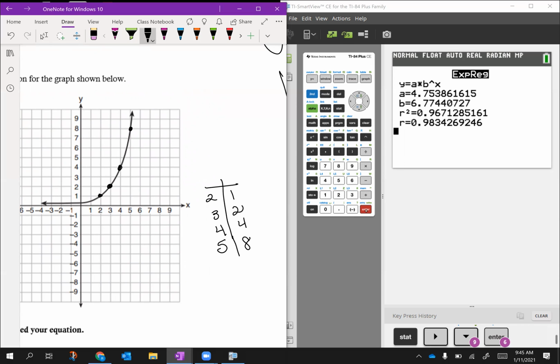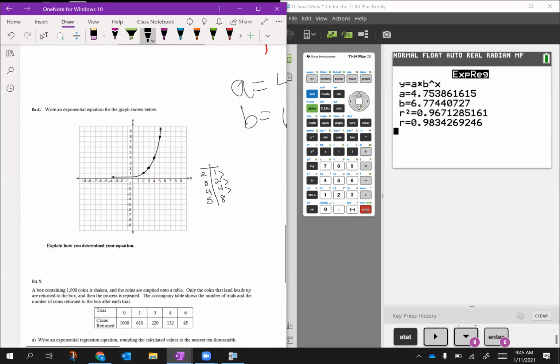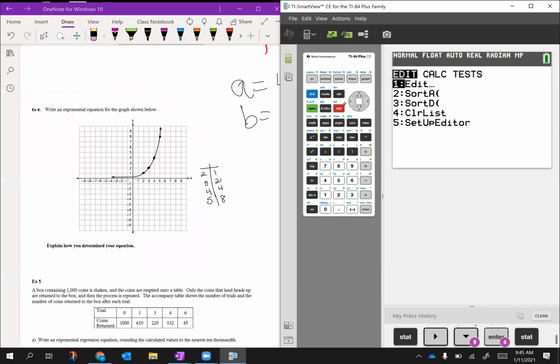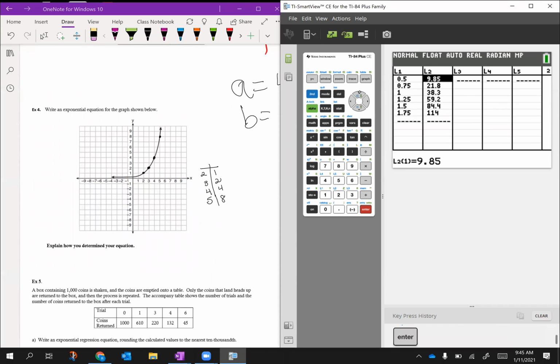In our next lesson, I'll show you how to use the pattern to figure out the equation. But because we have the regression key, we can type these in. So we go to Stat, Edit. We're going to clear list 2 and clear list 1. Type in our data, 2, 3, 4, 5. In list 2, we're going to put 1, 2, 4, 8.